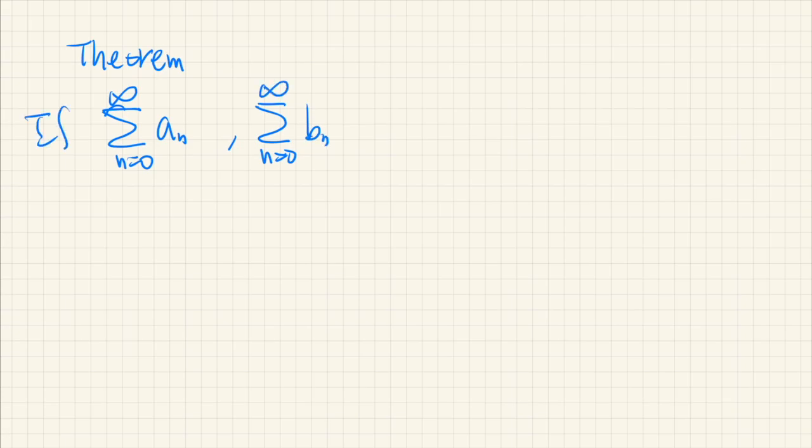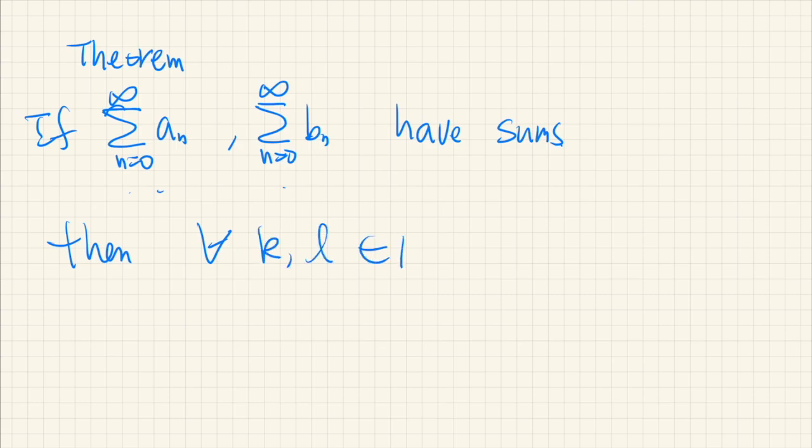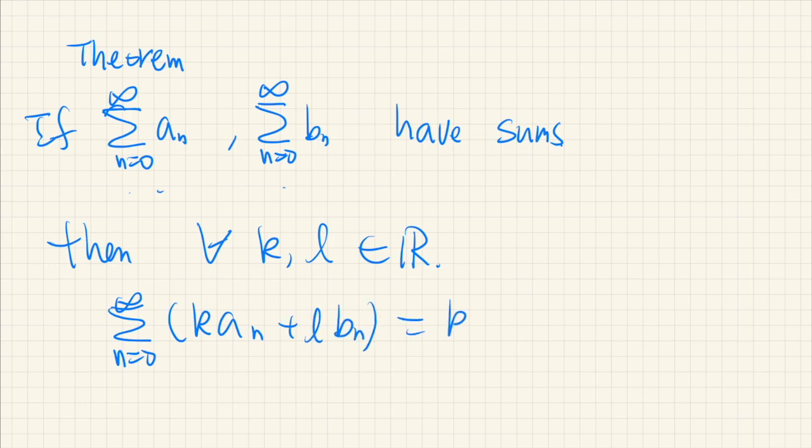If this series and this series have sums, that means if they converge, then for any real numbers k and l, we have the sum of the linear combination of an and bn is the linear combination of the sums.